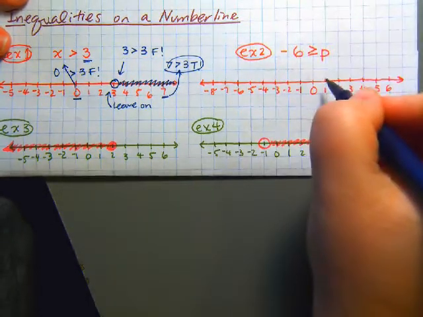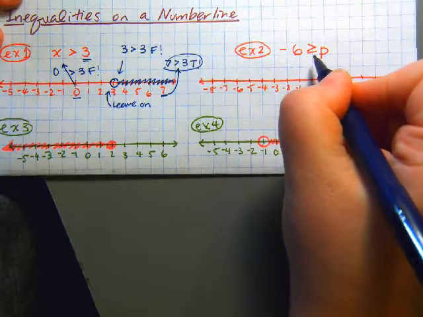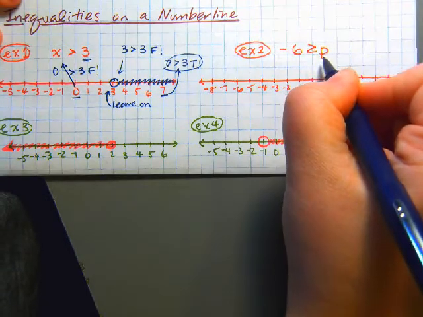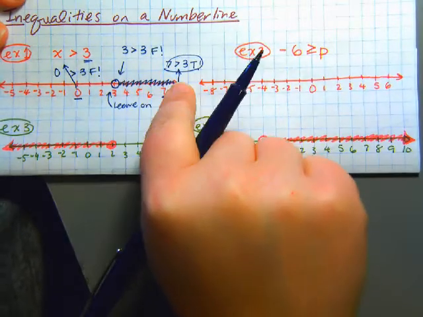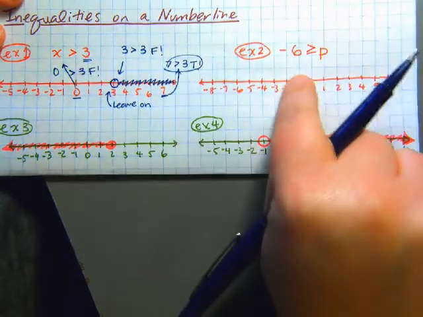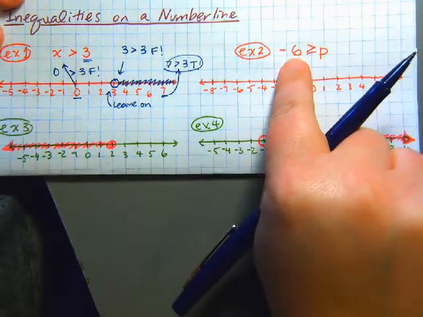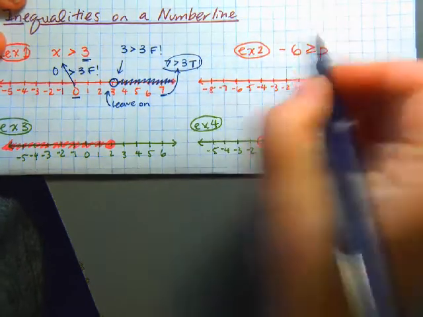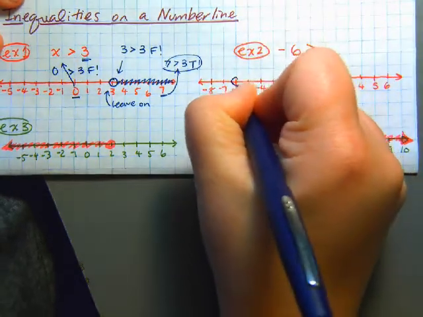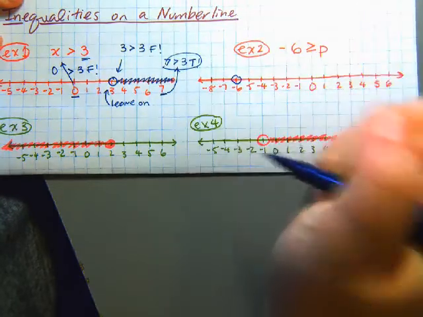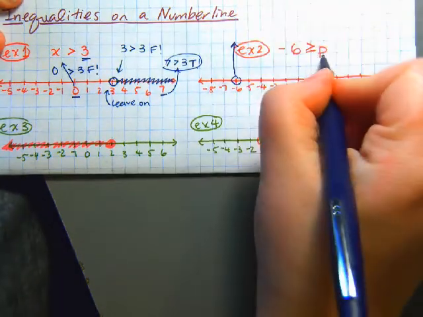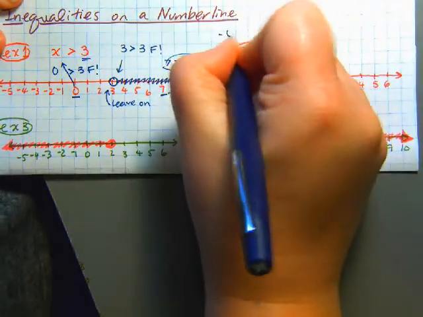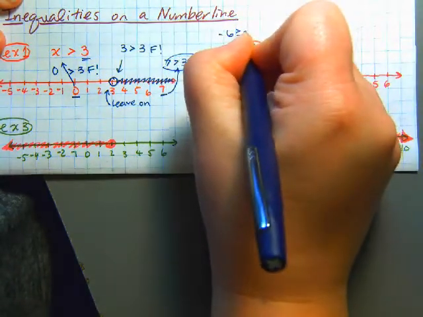Now, over here, you can see we've switched it up. I put the P to this side, and that shouldn't matter if we use our test points like I did over here. Okay, so first thing I'm going to do is I'm comparing to the number -6. So on my number line, I'm going to go find -6 and circle it. Okay, now if I take that -6 and put it in for P, so I have -6 is greater than or equal to -6.